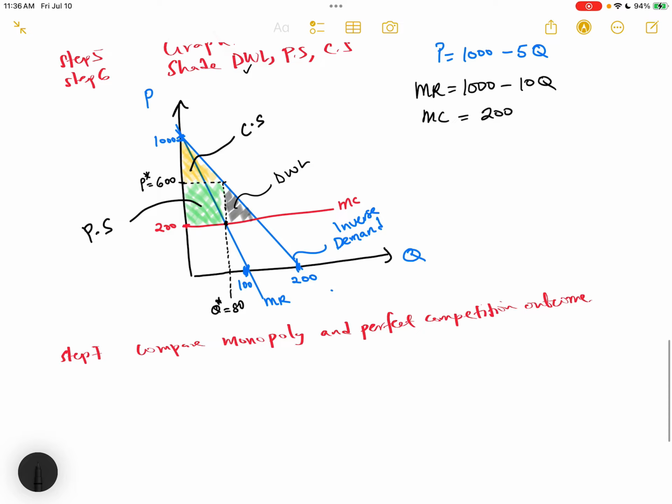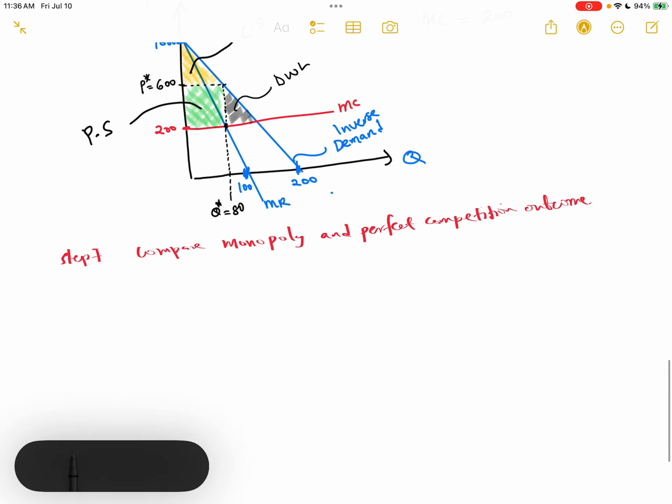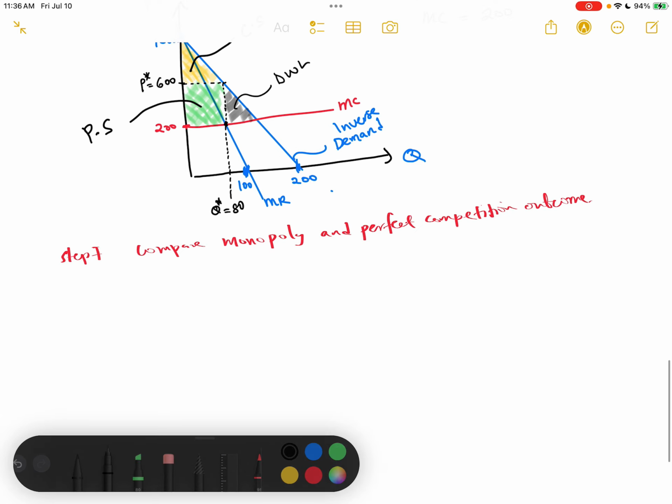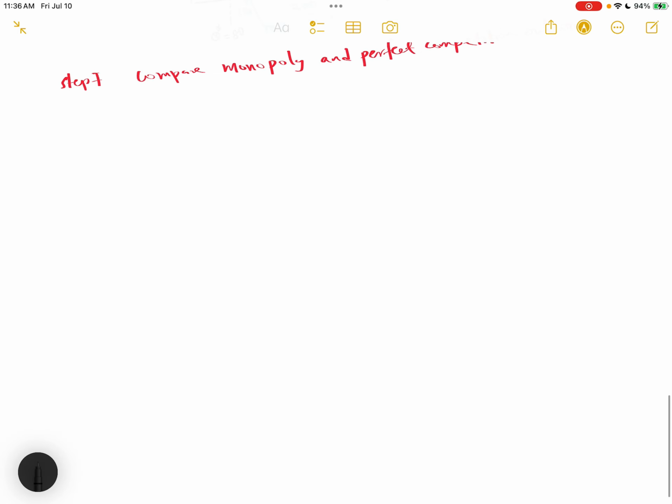That's a pretty colorful graph, eh? The last thing that we're going to work on is comparing monopoly and perfect competition. To get that point across, how about I draw a different graph, as we already have some things on the other graph.